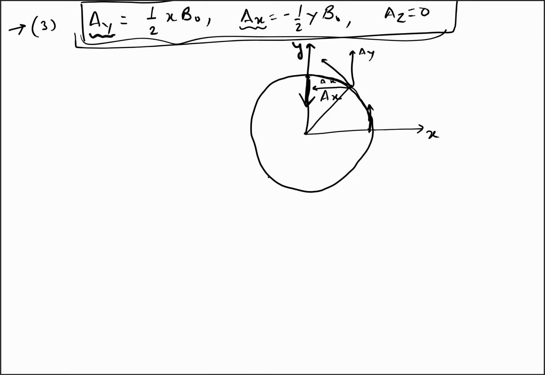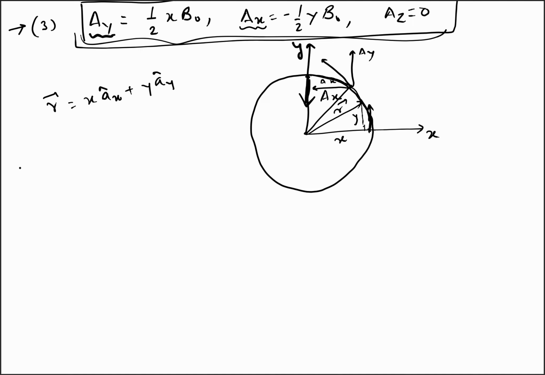That is, it will be circular. And you see that any vector r can be written as, let us see, if it is x and this is y, then vector r can be written as x ax plus y ay.